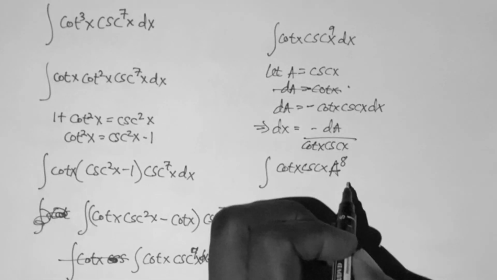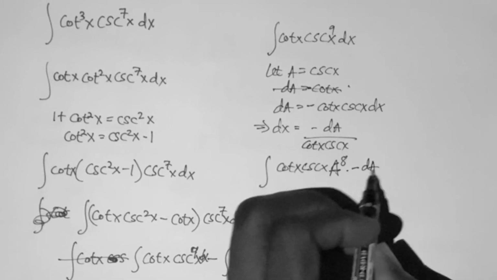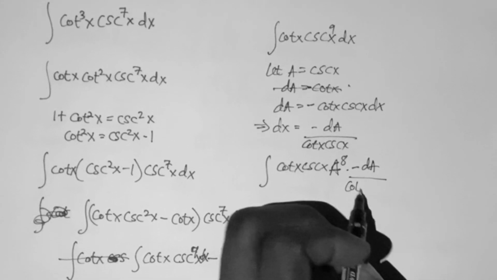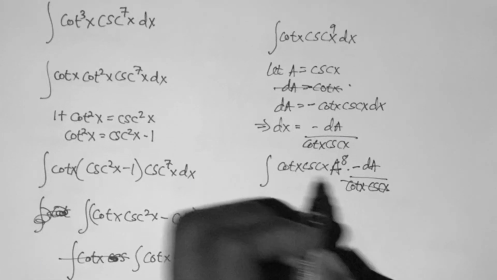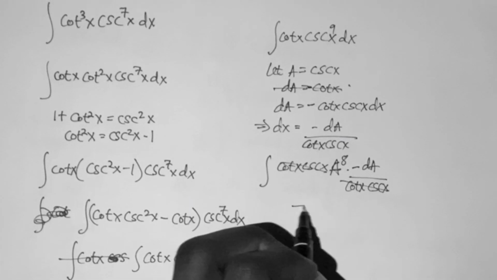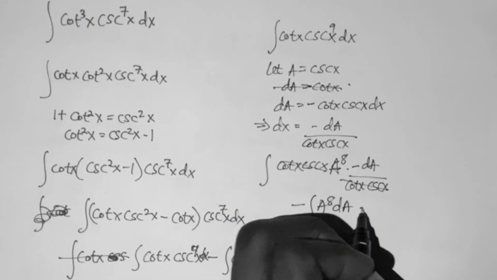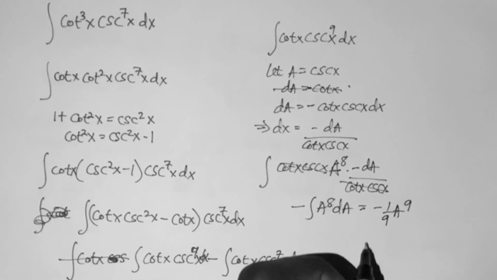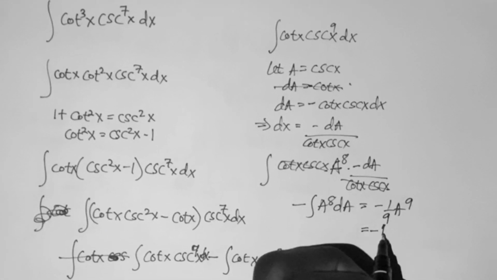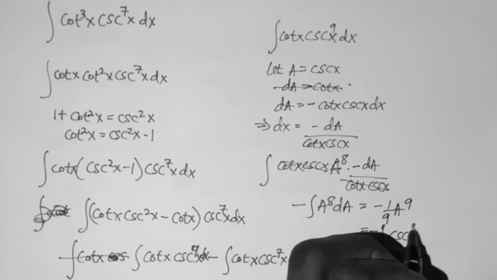Then times dx, but dx is minus dA divided by cot x cosec x. So cot x cosec x will cancel. So we are left with minus the integral of a exponent 8 dA, which is equal to minus 1 over 9 a exponent 9. And that is minus 1 over 9 cosec x exponent 9.